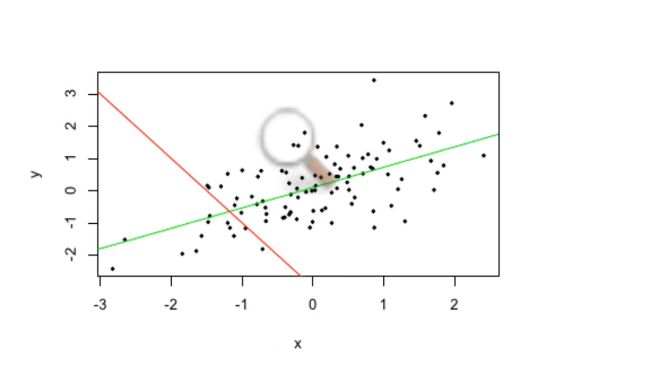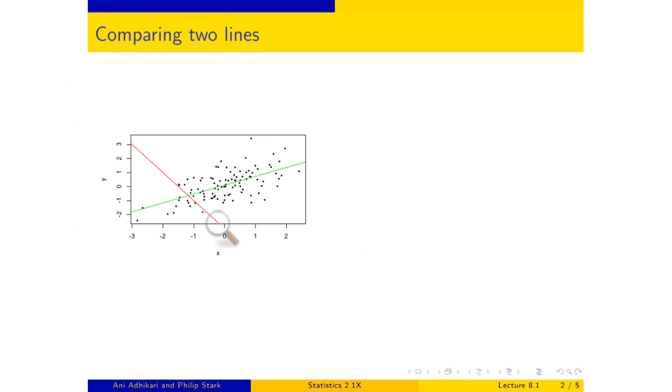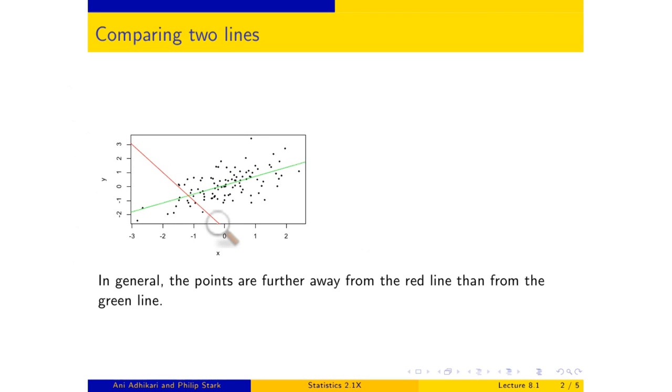And I'm looking at vertical distances, of course, because our estimates are on the line. The actual points have their values of y in the vertical direction. And that is the sense in which this red line is further away from the scatter diagram in general than the green line is.